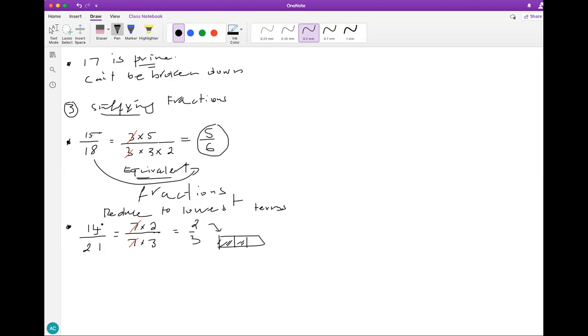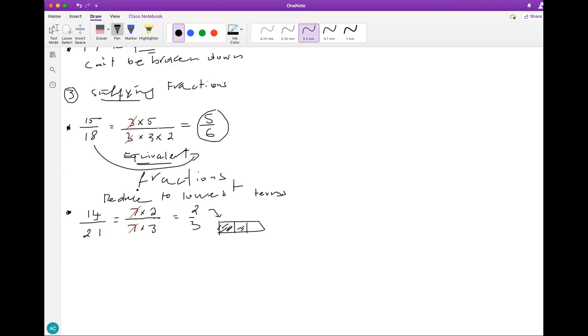This is 2/3. But if I said give me 14 over 21 of something, it might not make sense. You will have to divide it into 21 parts and then take 14 out of those. That seems like a lot of work. That's the reason why we simplify fractions. This is much nicer and easier to understand and work with. So that's basically what we mean by simplifying fractions.